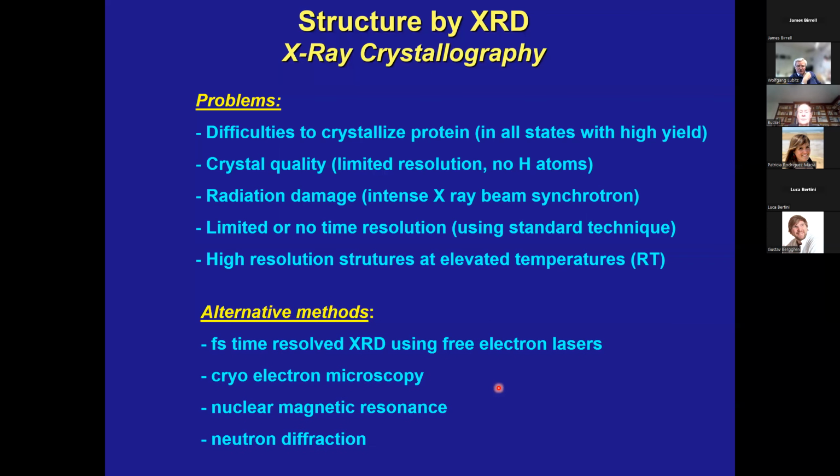So there are alternative methods like the femtosecond time resolved X-ray diffraction using free electron lasers, cryo-electron microscopy, and these two techniques are booming, and I will talk a little bit about that. Nuclear magnetic resonance has not been used, to my knowledge, on hydrogenases, and neutron diffraction, there is a little bit in this field, but not much success came out so far.